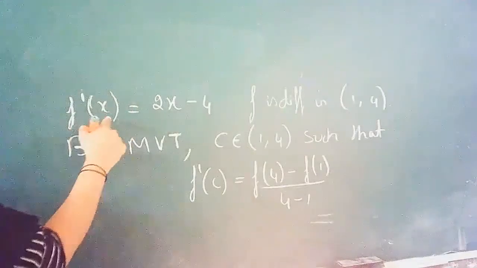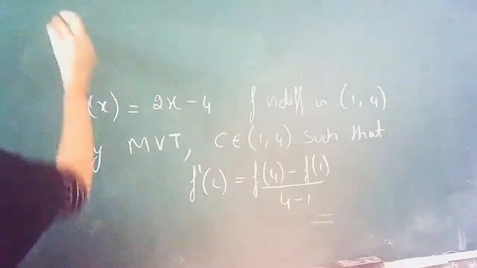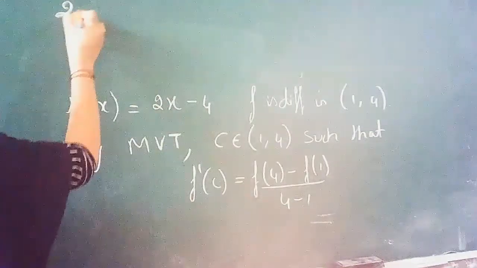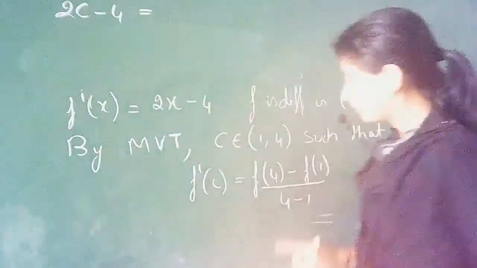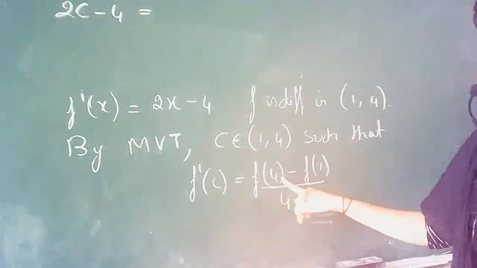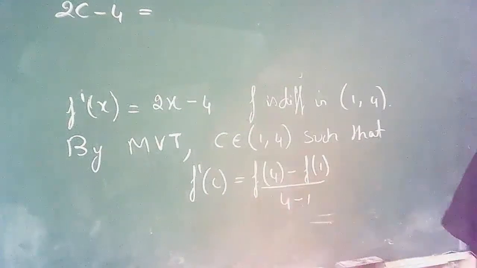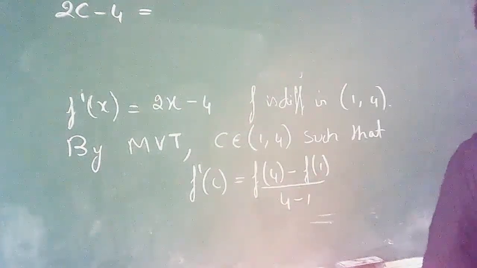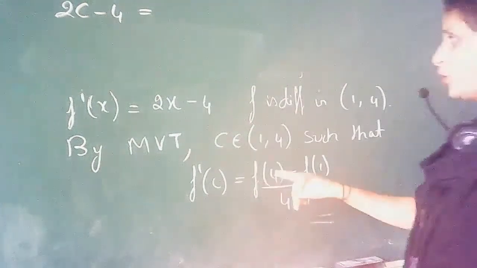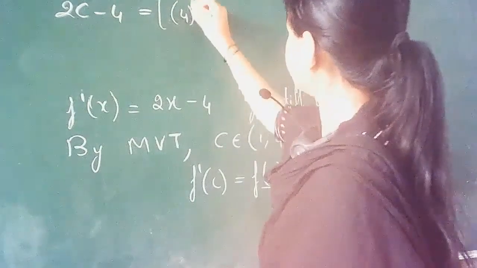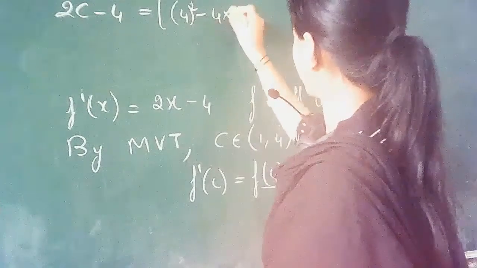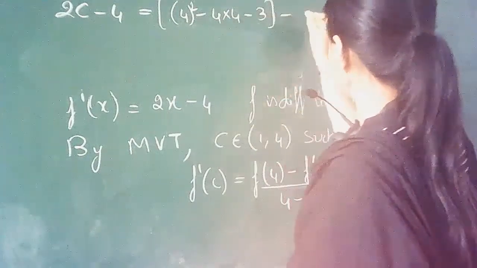We have f dash of x here as 2x minus 4. What is f dash of c? Now, what is f of 4? The function was x square minus 4x minus 3. So f of 4 would be 4 square minus 4 into 4 minus 3.